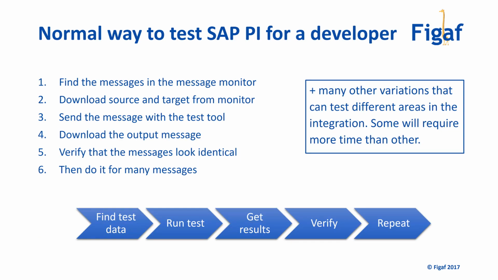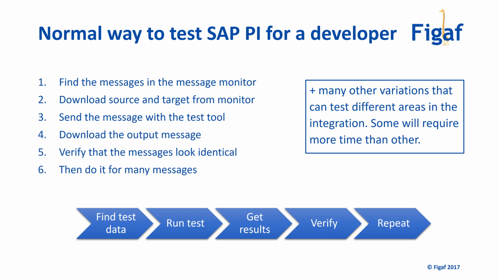So the normal way a SAP PI developer would test is he would log on to your productive system. He would find the similar methods that you've just made a change to. So you download the source and the target from the monitor if these have been saved. Then he would send a message through with the test tool.